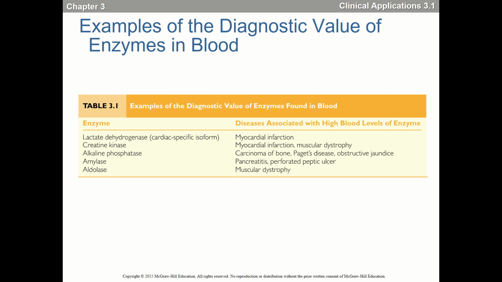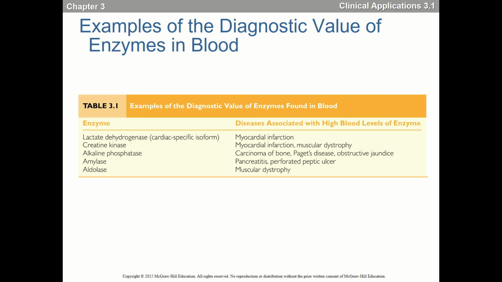Lactate dehydrogenase and creatine kinase. So if we have a high amount of lactate dehydrogenase in the blood, that's normally related to a heart attack. Same thing for creatine kinase. Now, I'm going to be talking about those two enzymes quite a bit going forward.